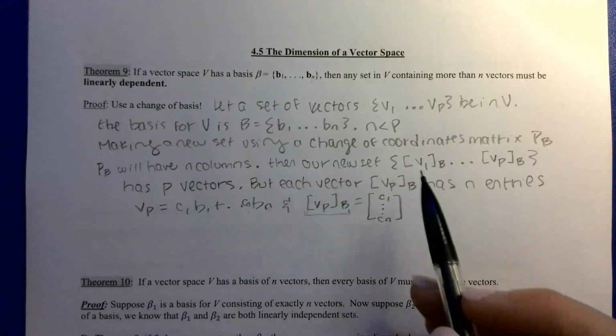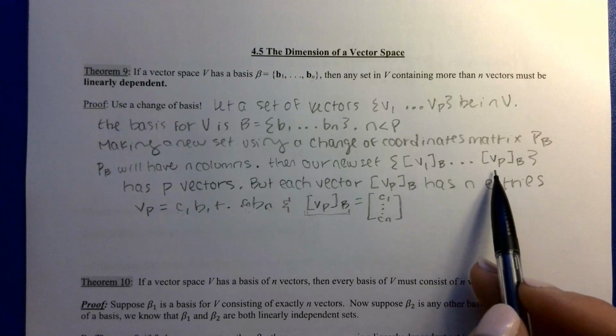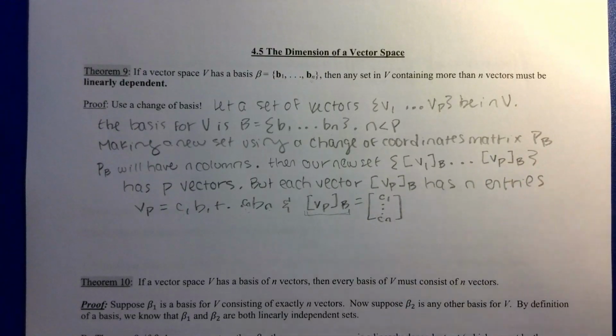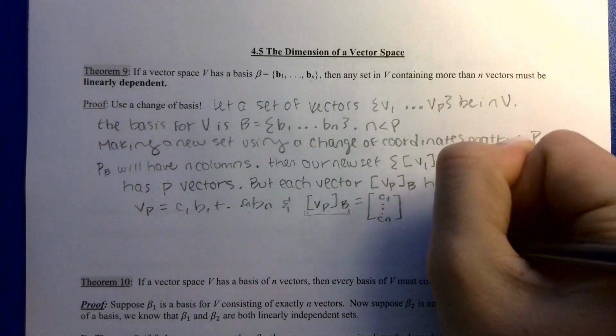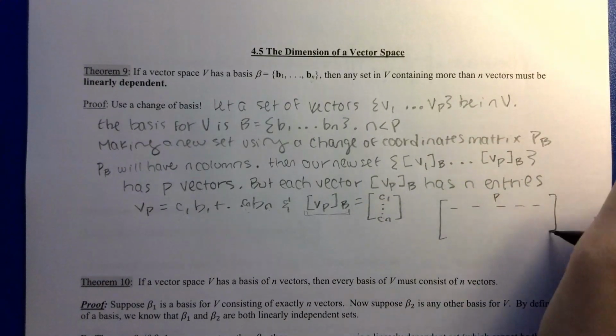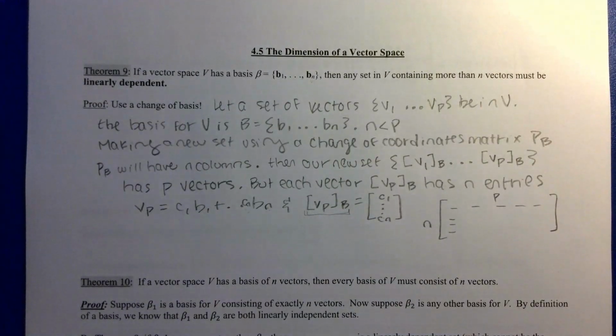So going back to this, we have p vectors here, but each of them has n entries. So if we think about this as a matrix, we have p vectors and n entries.